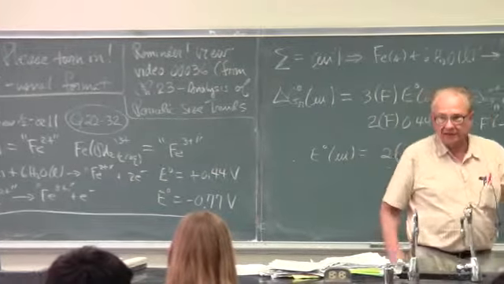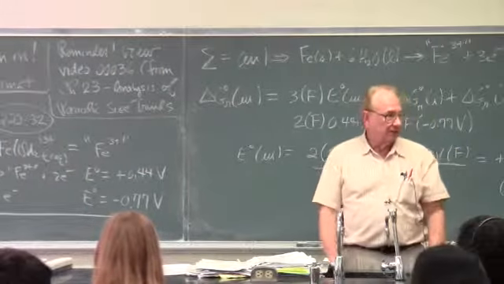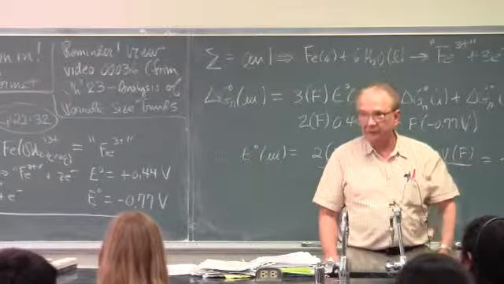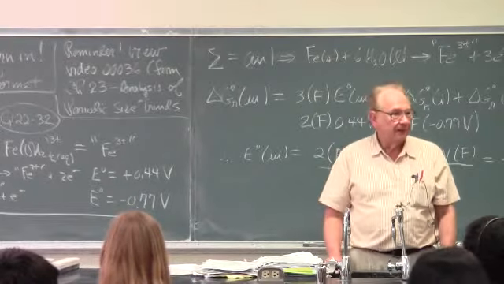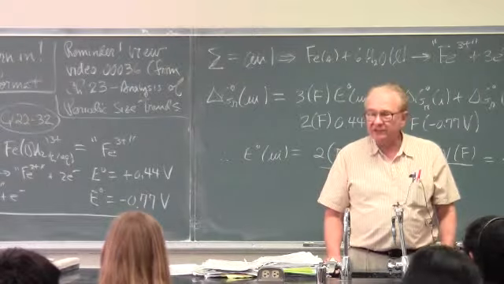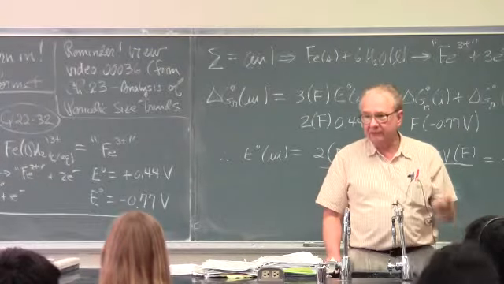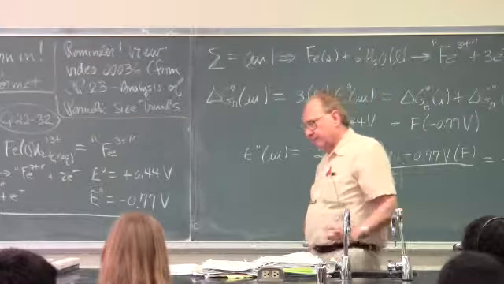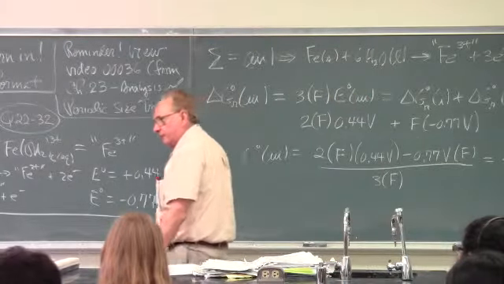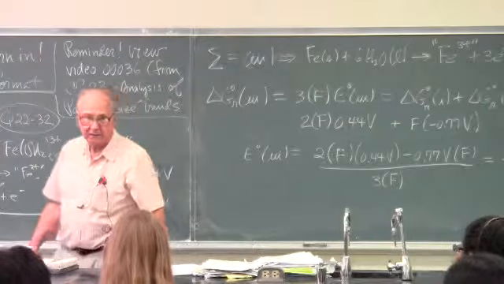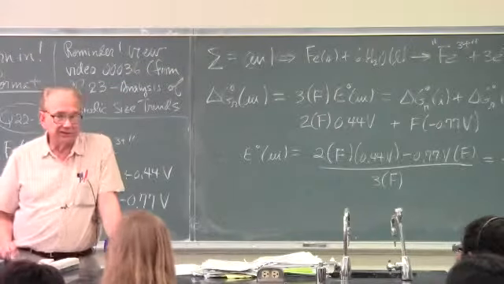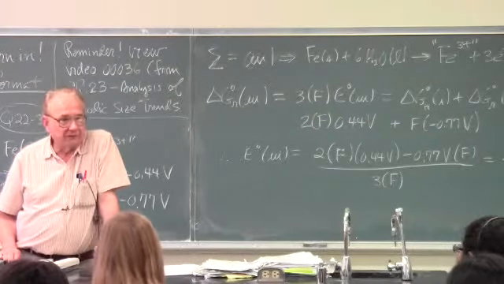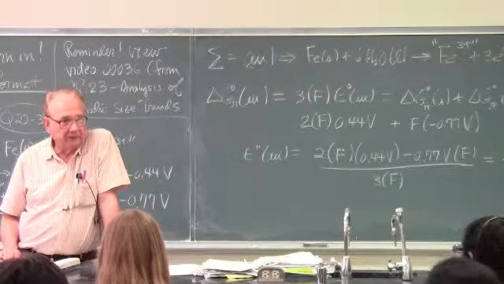The respective potentials are plus 0.44 volts for iron going to hydrated iron plus 2, and minus 0.77 volts for hydrated iron plus 2 going to hydrated iron plus 3. If we add those two half cells together as written, we get a new half cell which illustrates iron in the presence of water being oxidized to hydrated iron plus 3.